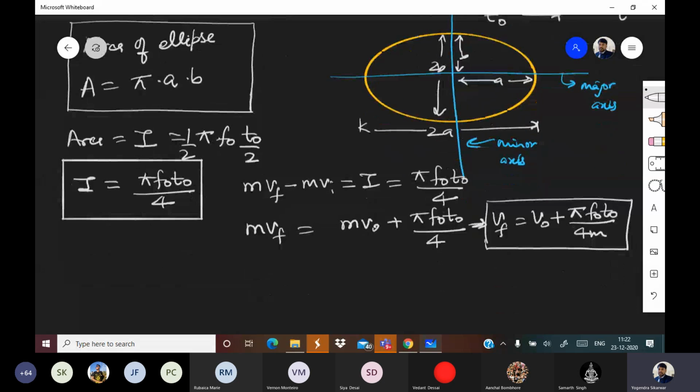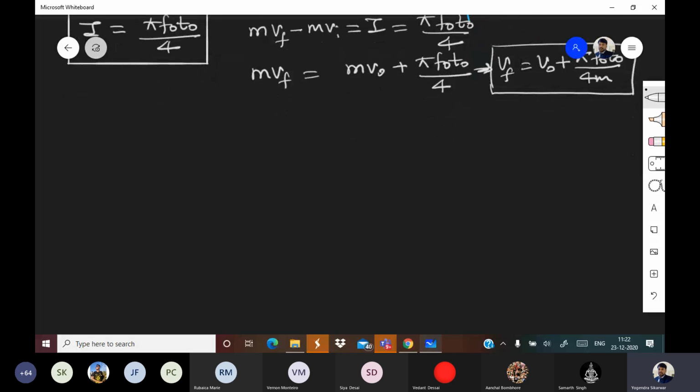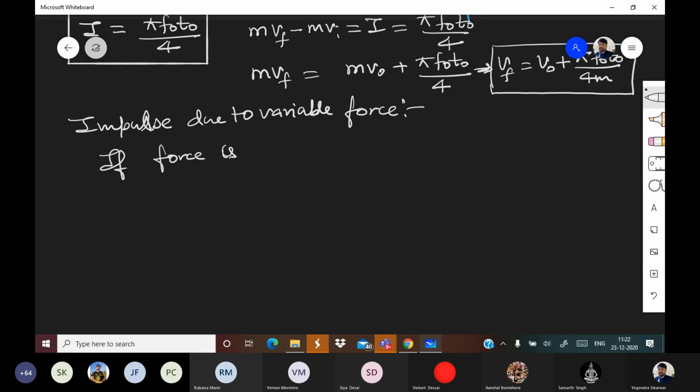Now, suppose the force is variable, then how to calculate impulse? Impulse due to variable force. If force is variable, that means F is a function of time.